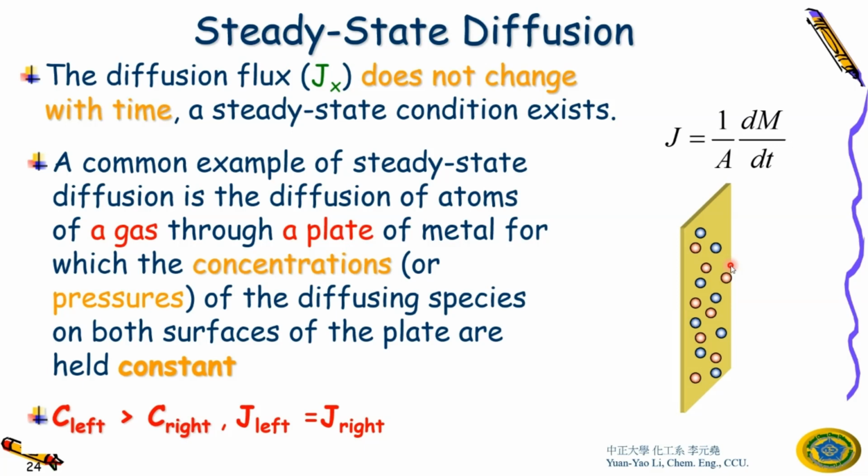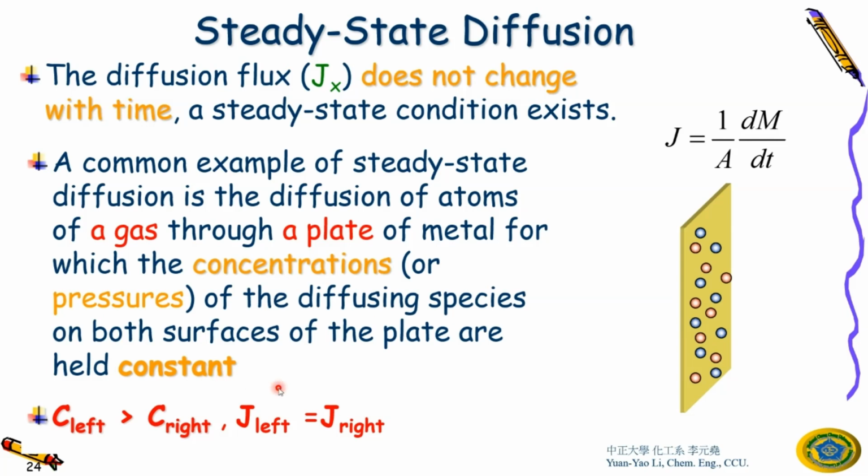The common example of the steady state is the diffusion of the atoms of a gas through a plate, for which the concentration of the diffusing species on both surfaces of the plate are held constant.